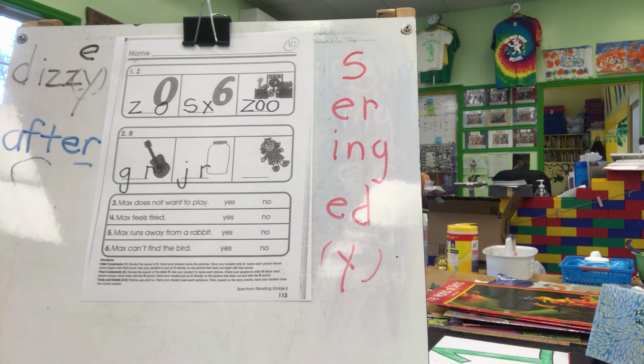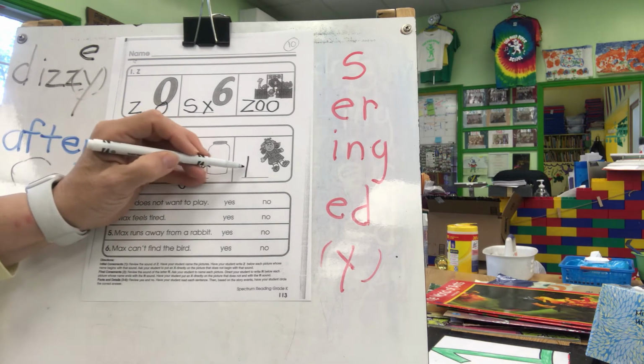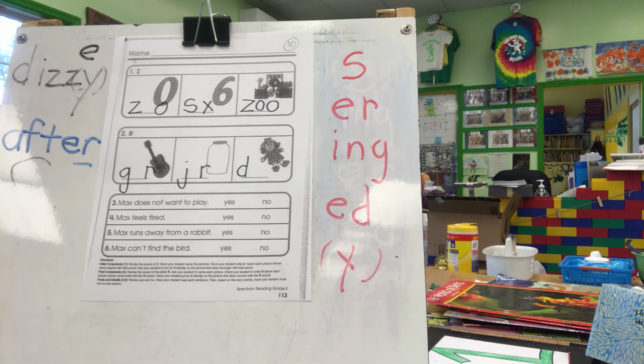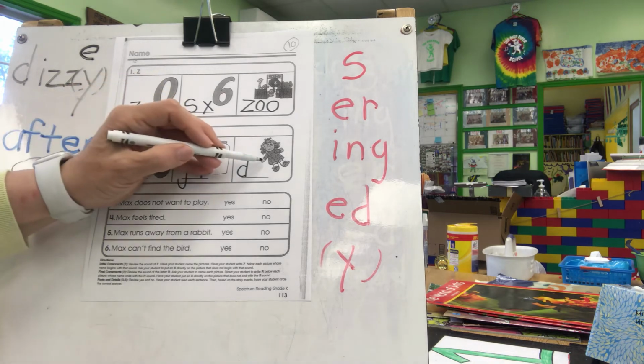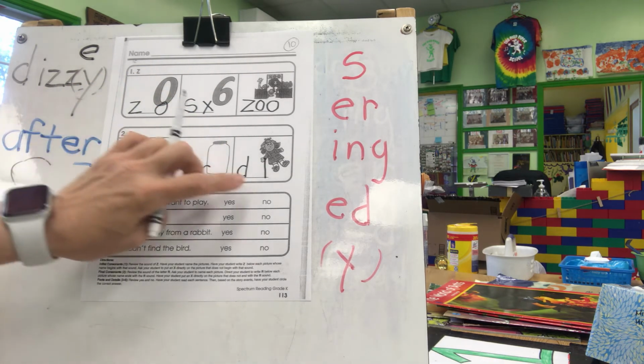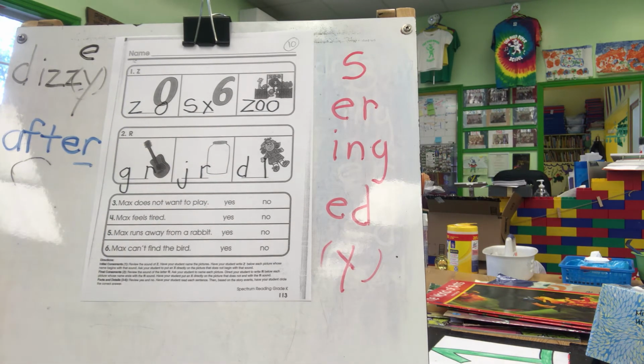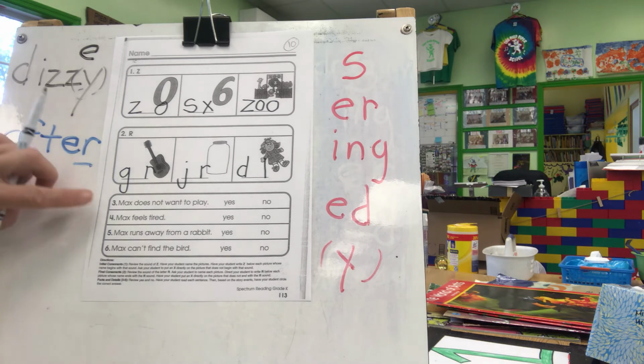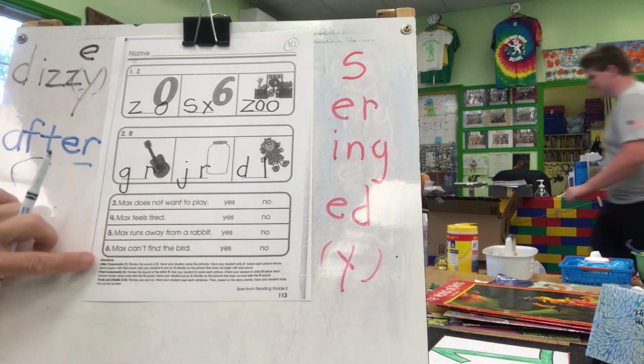And the last one is a doll with a D. Remember, the D goes away from the other letters. It doesn't like them. D goes away, and doll ends with an L. Take your time and put those beginning sounds and end sounds on the line, and come back to me when you're done. All right, let's look at 3, 4, 5, and 6.